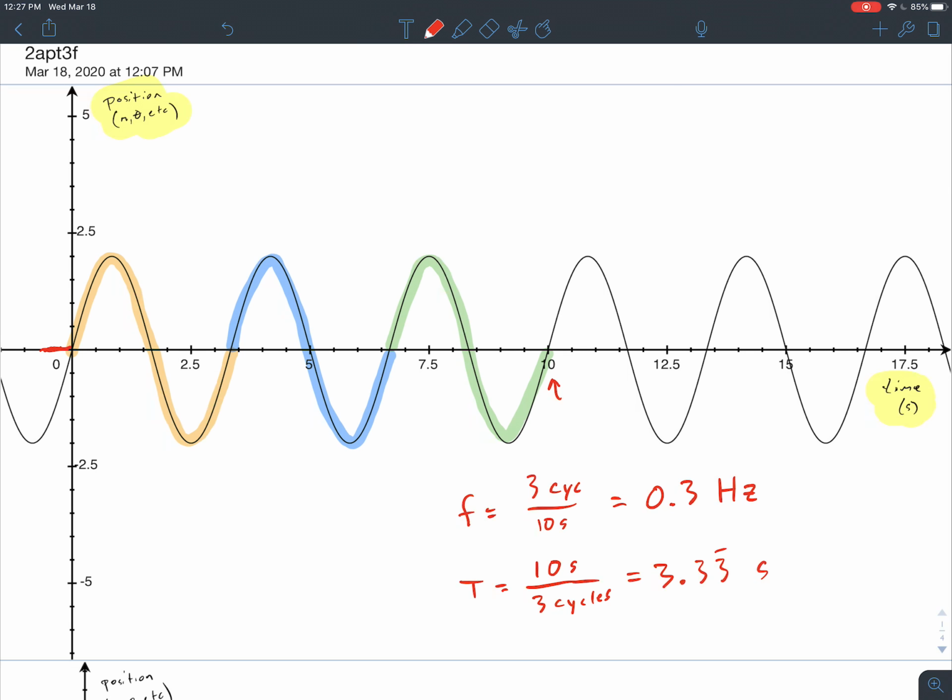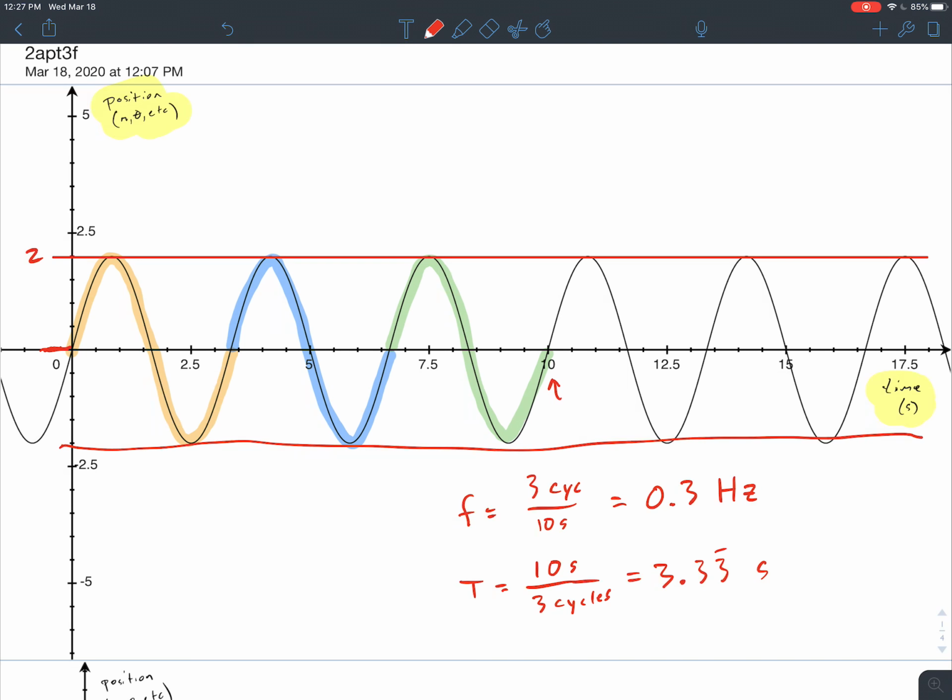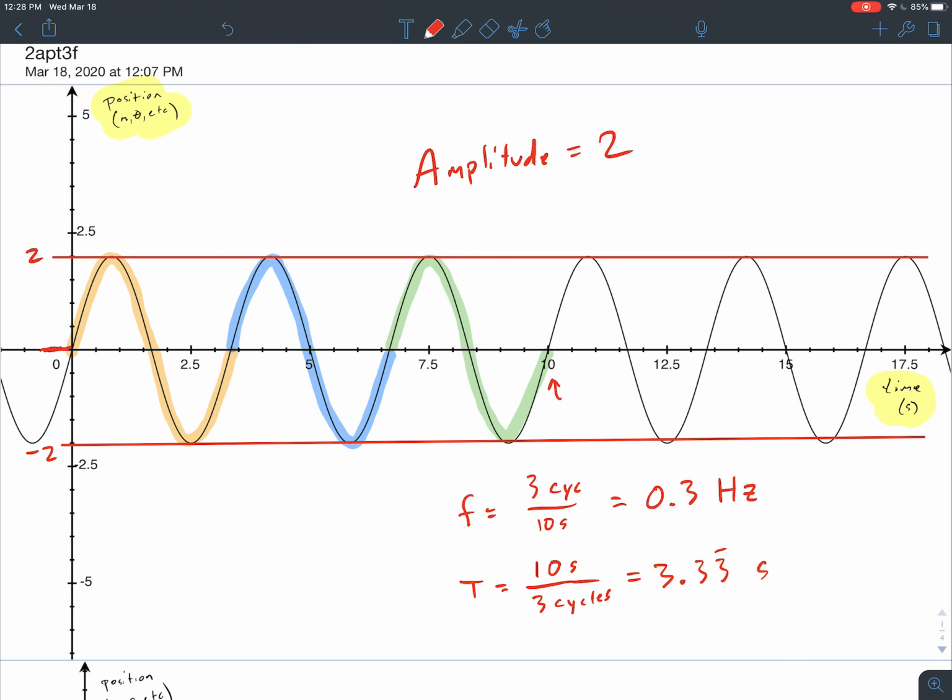But if we draw a line right here, this is 2, and this is -2. We just say our amplitude is 2. And it depends on the system. Probably not 2 degrees, probably 2 meters. It could be 2 degrees. It changes. But so these are the 3 main variables, the fat variables: frequency, amplitude, and period.